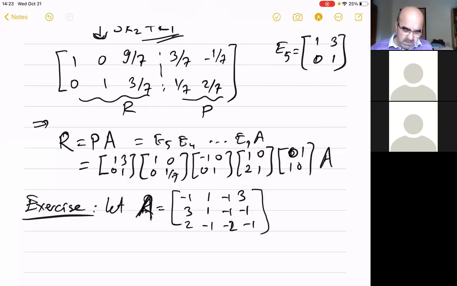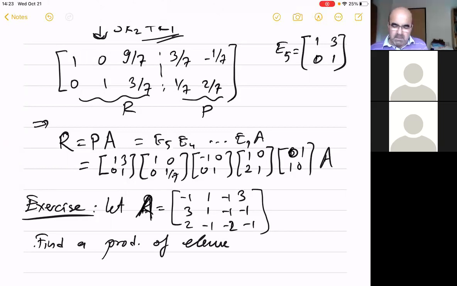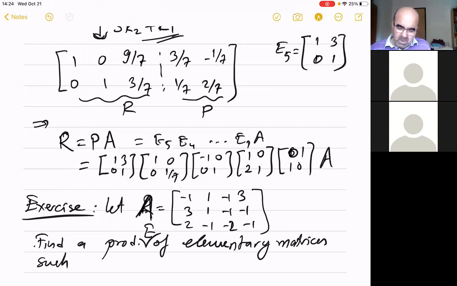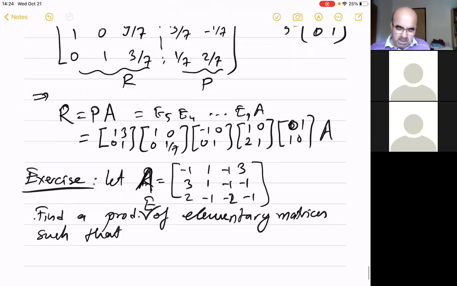Find the product E of elementary matrices such that E times A is R, the row reduced form.